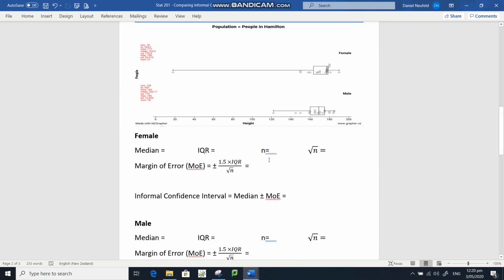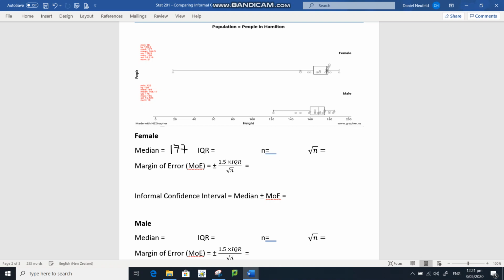Now again, we'll go through this example. We'll do the actual calculation part, but we'll also show you in the next video how to do it with just the software. Okay. So looking at this, again, NZ-Grapher has given us our summary data, so we can just look that up. Median is, for the first group, 177.